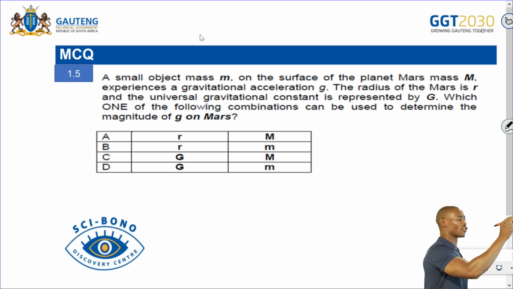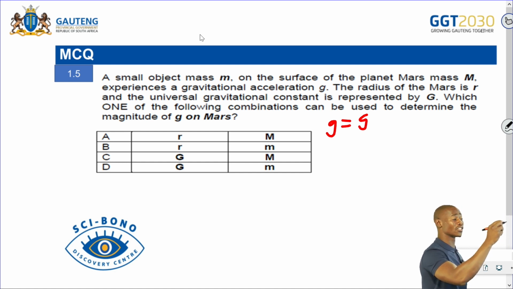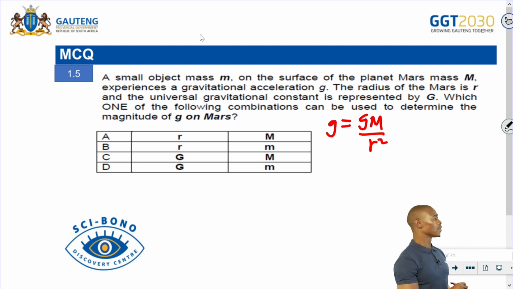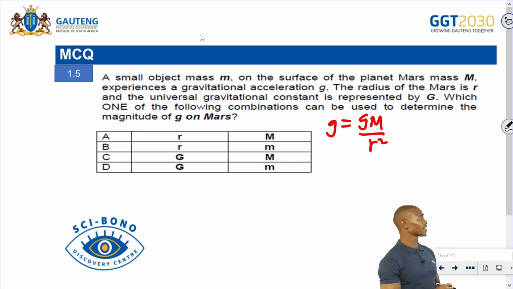So remember the original equation from the data sheet is small letter g equals capital letter G, the gravitational constant, M over r squared.